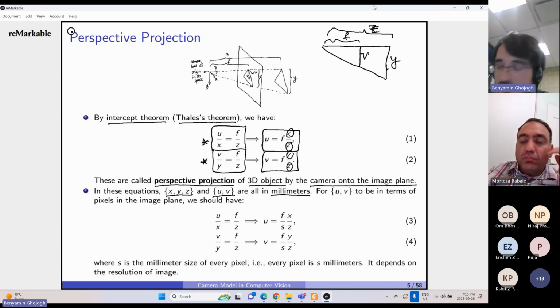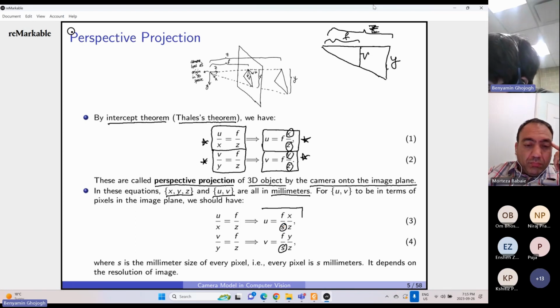But it's easier for us to represent U and V in terms of pixels, because we are in the image plane and we are in the image. Usually we work with pixels rather than millimeters, right? Therefore, we divide F by S in these two equations. If you have these S terms, then U and V become in terms of pixels, while X, Y, and Z are in terms of millimeters. What is S?